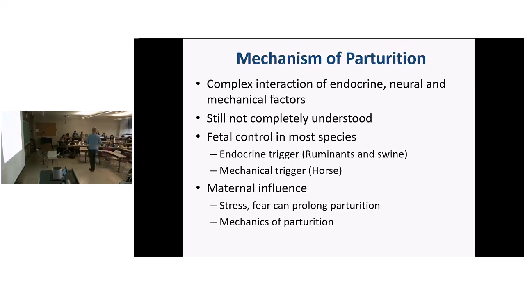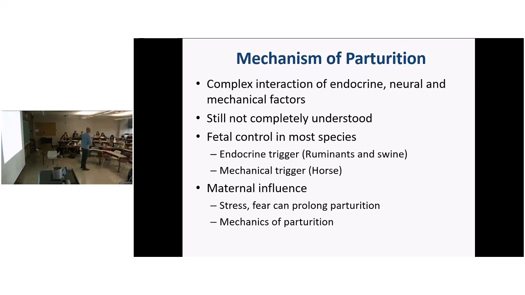And that's what then triggers the release of estradiol, oxytocin, prostaglandin. We'll go through that. But after that endocrine and or mechanical trigger, you will produce eventually, at the very end, prostaglandin. And prostaglandin will be the one that then goes on to drop progesterone.